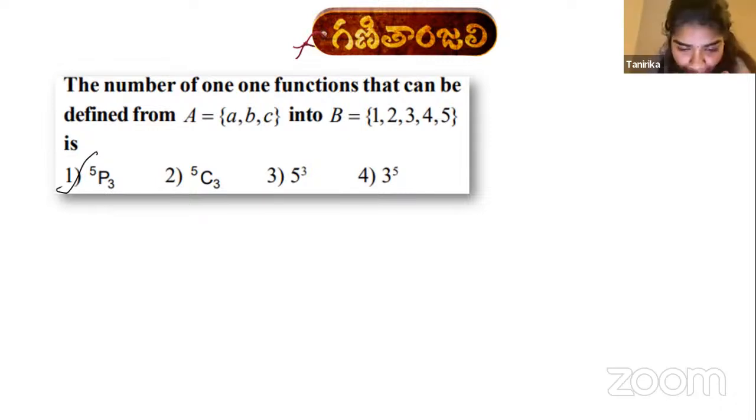Then 5 comma 13, and 7 comma 14. First, take the first point, 4 comma 12. It must be satisfied by the first equation and also the second equation. Then we need to select the options which satisfy that.